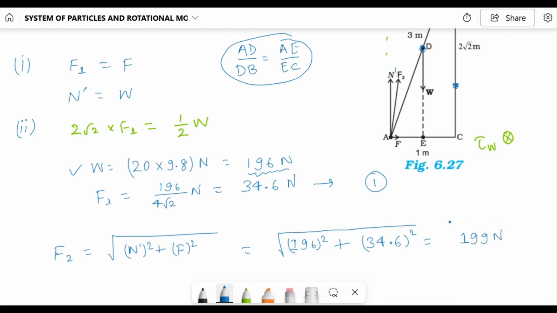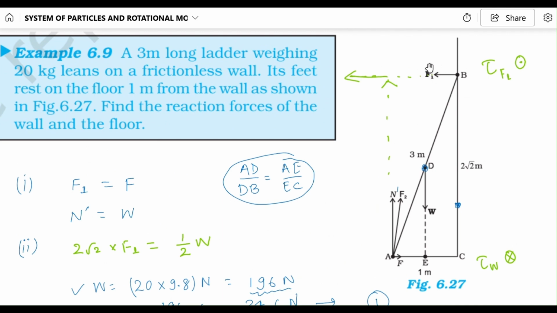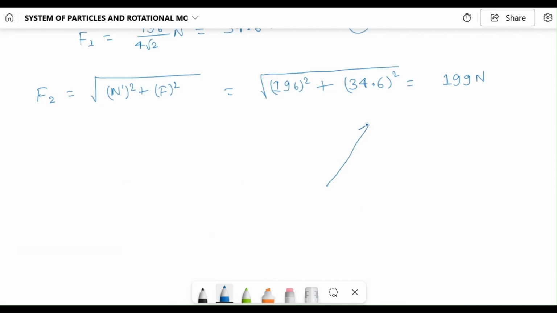Now, because forces are vector quantities, we have to find out directions as well. In this case, F1 is perpendicular to this wall, and for F2 we can find out its direction with the horizontal. So let's say the angle between F2 and horizontal is alpha. So this is the F2 vector, and this is N prime. I am just shifting it here. This is N prime, as this is N prime.